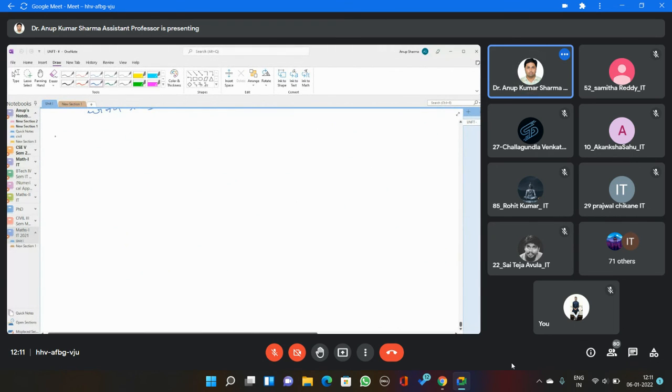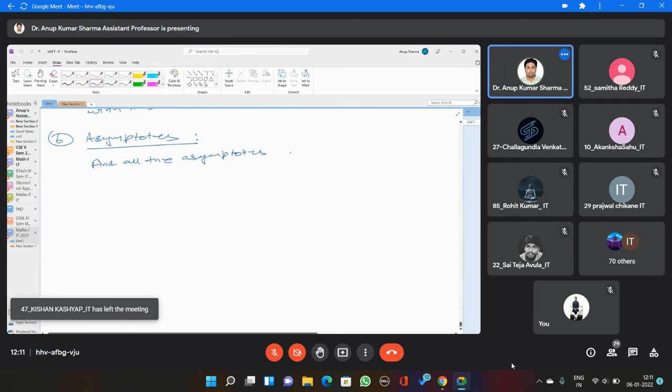Now the next is the asymptotes. We already studied how to find the asymptotes. So find all the asymptotes of the curve. It means what?